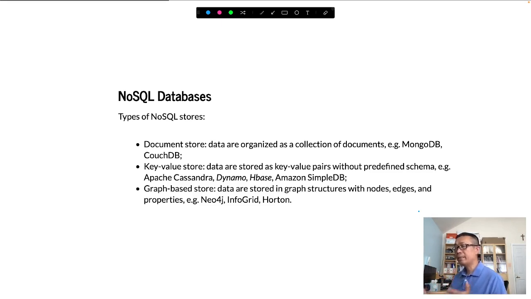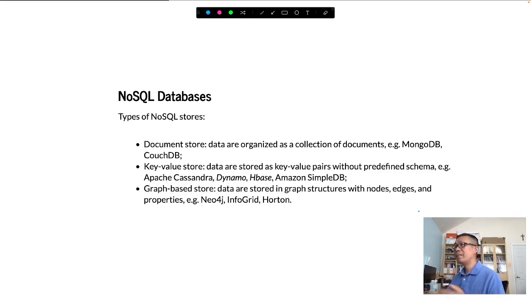This is also a very popular format for analytics, where you can quickly combine things together and aggregate for statistics. So platforms such as Apache Cassandra, Dynamo, HBase, SimpleDB are examples of key value stores.